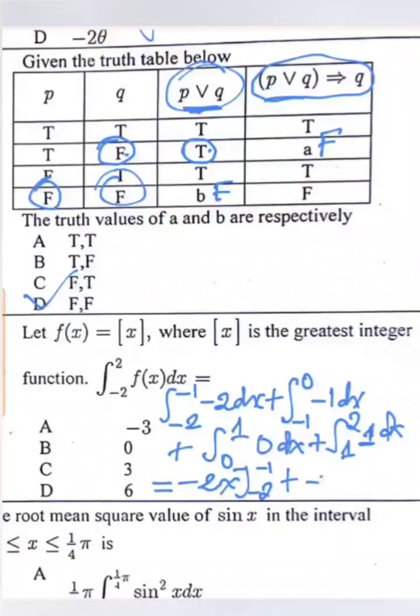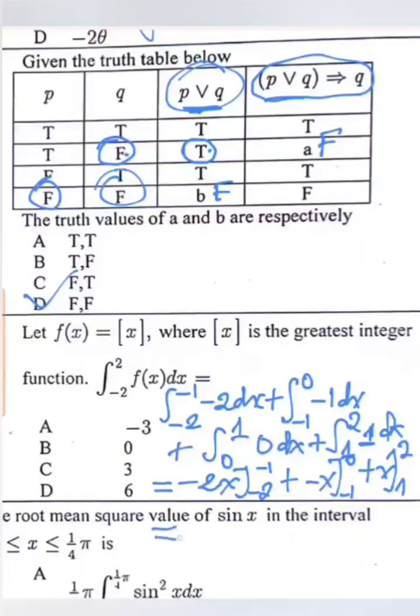From there we evaluate the integral, so we have -2x from -2 to -1, plus integral of -1 is -x from -1 to 0, plus the integral of 0 dx is 0, so I ignore that part. Then I go to the last part. The integral of 1 dx is x, and we are taking from 1 to 2.